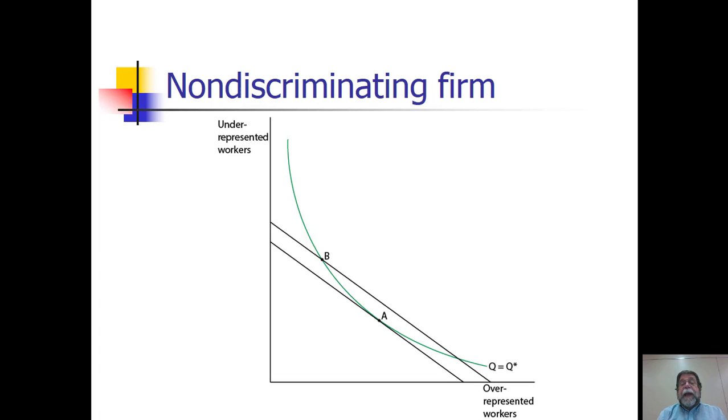If, on the other hand, a firm is not engaged in discrimination, but the workers that are underrepresented have a different mix of skills and training than workers that are overrepresented, then requiring that firms use a mix of resources that reflect the mix of workers in the labor force would move the firm from a point such as point A to point B, which would mean the firm would end up with a more costly mix of inputs.